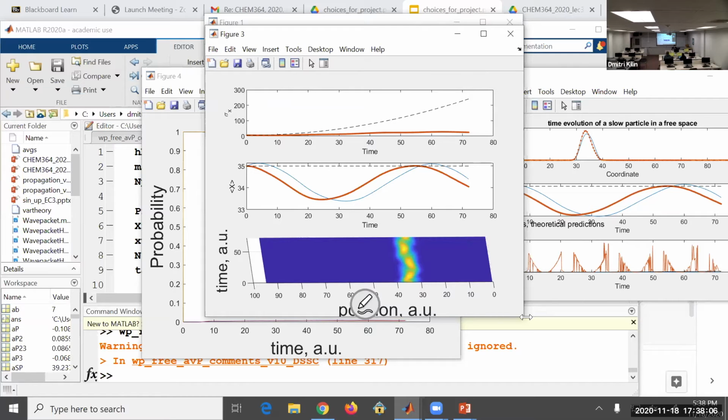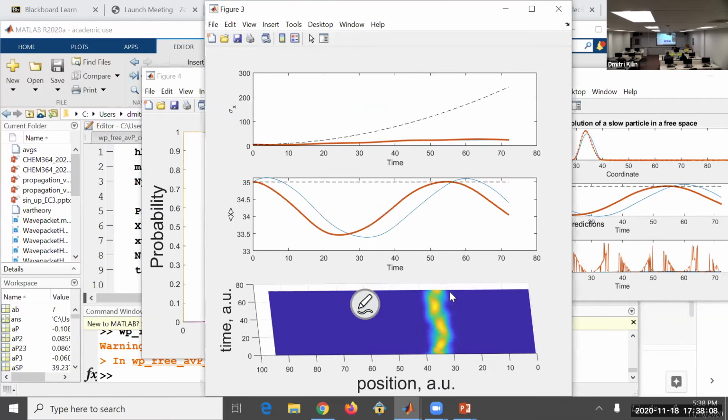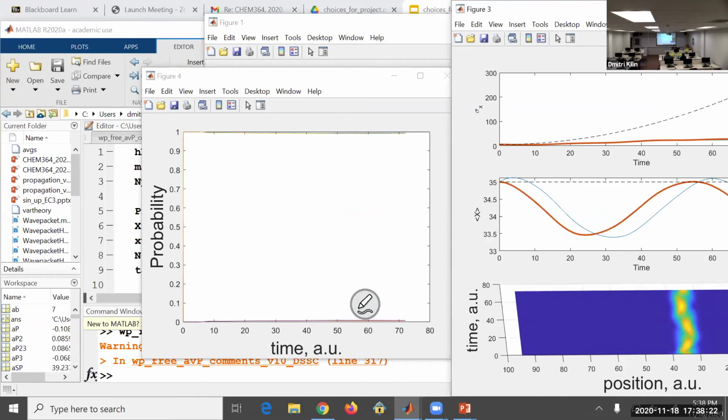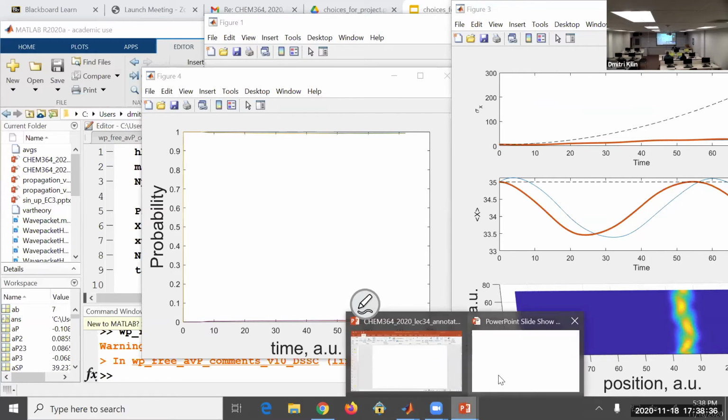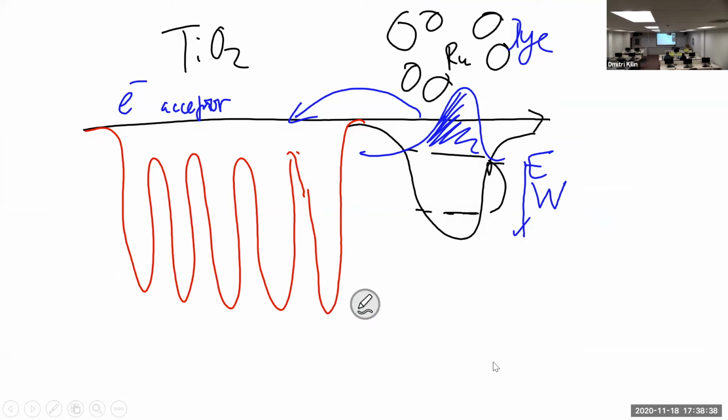For the human eye, on this diagram we do not see much of the wave packet transferred. But there is a way to address it, and this is already a program. I just need to make the introduction.